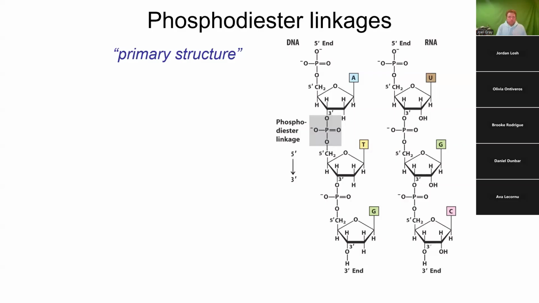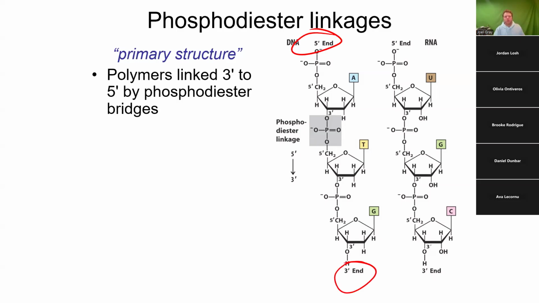Now, when it comes to the primary structure of a DNA molecule, you're going to see something like this, where we have a directionality. DNA reads from the 5' to the 3' direction. That's how we read it. The primary structure has polymers of this molecule linking the 3' carbon of one sugar to the 5' carbon of an adjacent sugar.